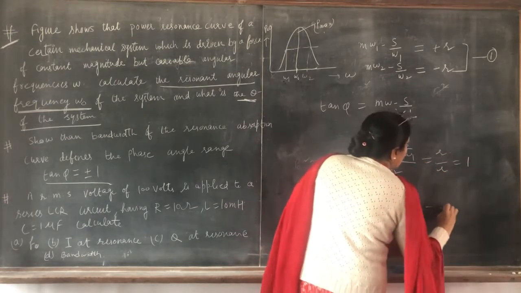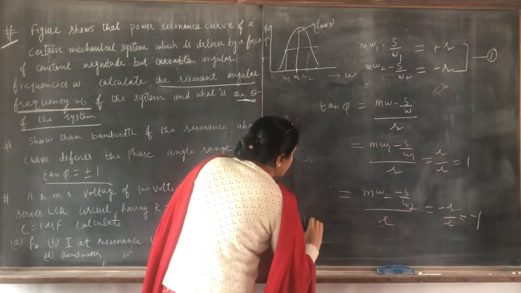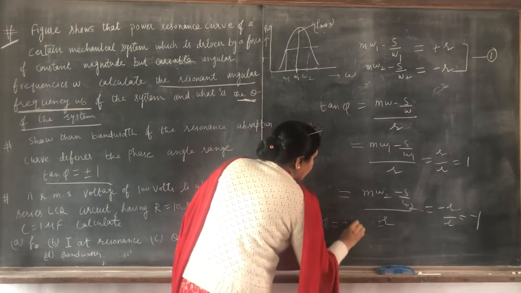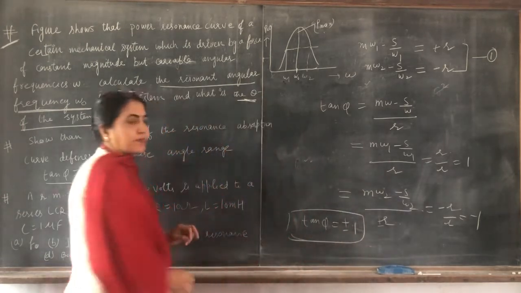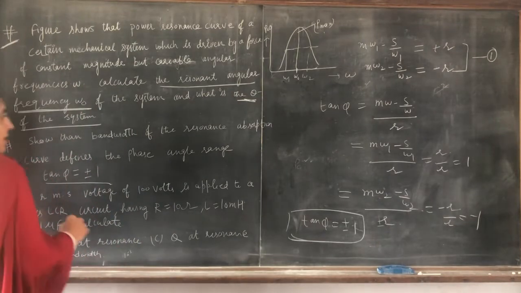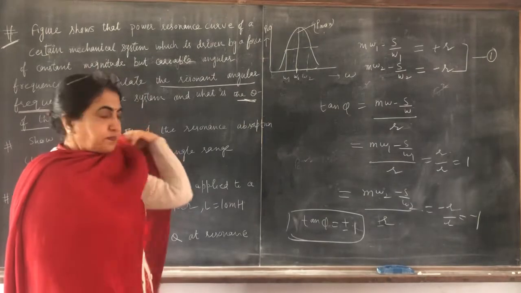And the other is minus R by R, equal to minus 1. So we can say that tan phi is equal to plus minus 1. So this is our second numerical. Now I think it is clear to all.